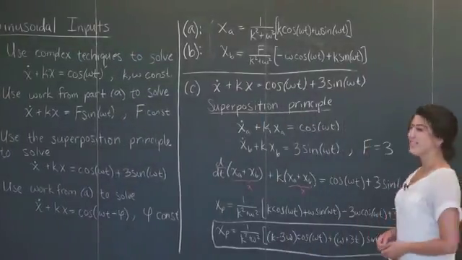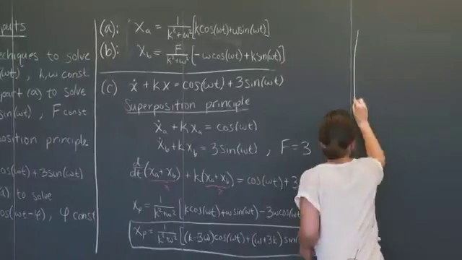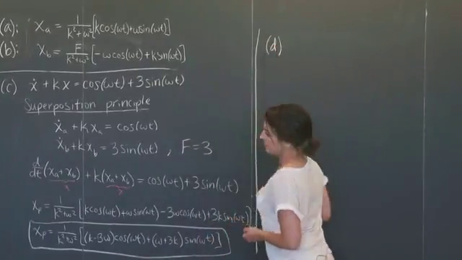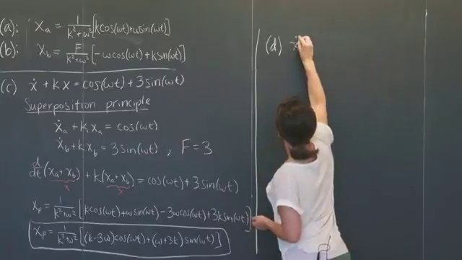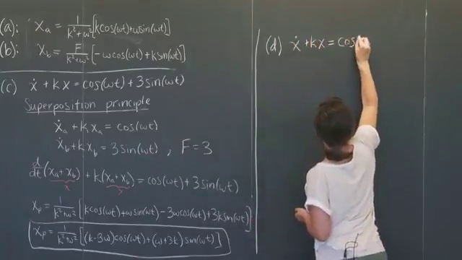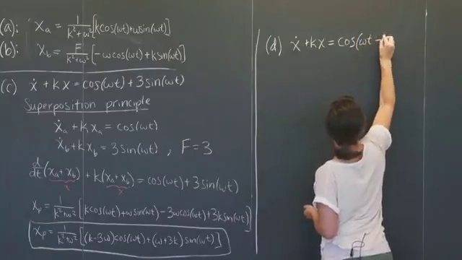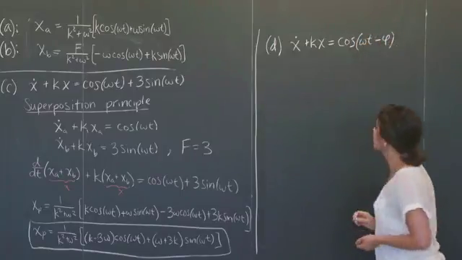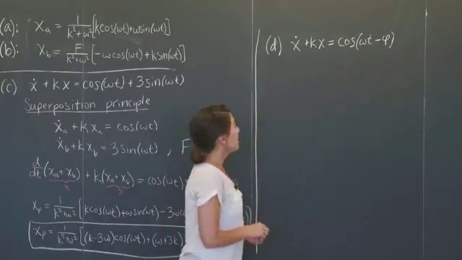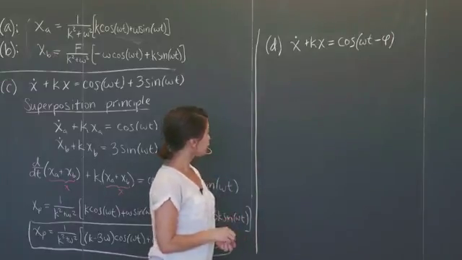Now let's move on to part D. In part D, we're solving x dot plus kx equals cosine omega t minus phi. Now, this might look a little bit complicated or confusing, but there's a shortcut on how to solve this.